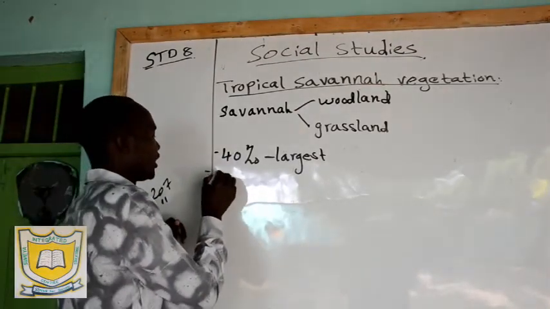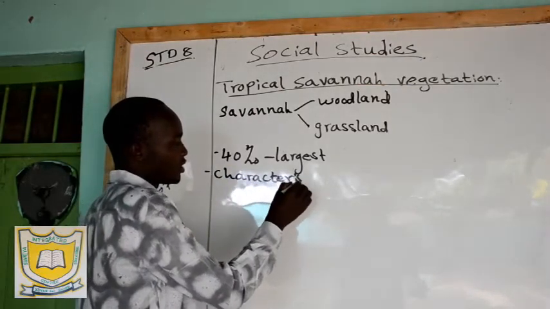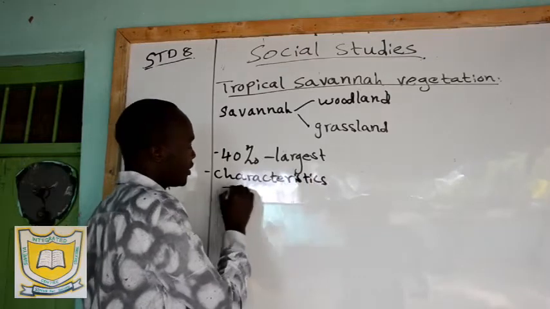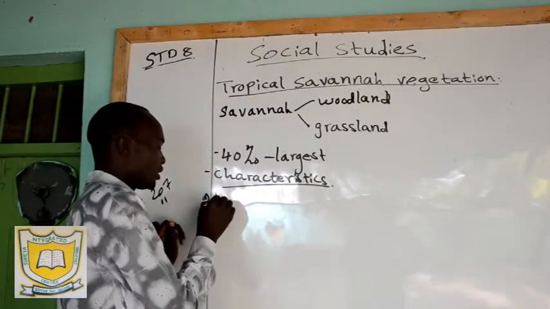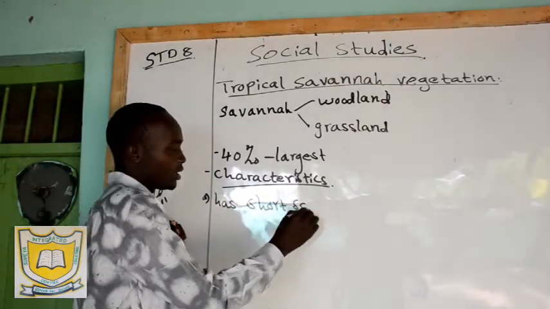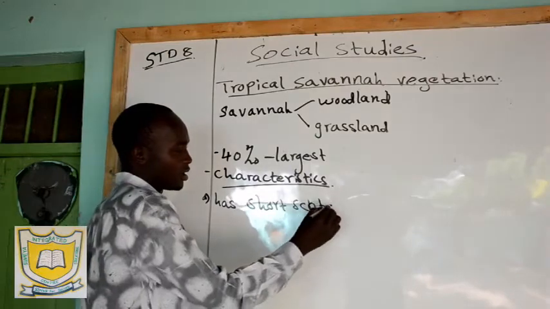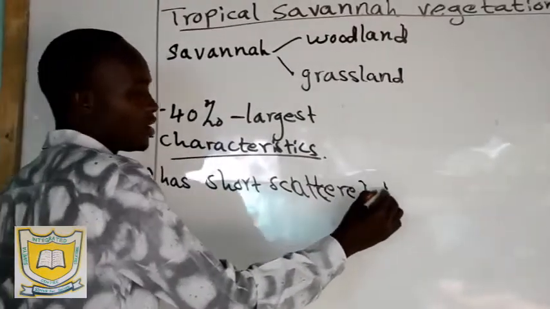Then the characteristics of savanna vegetation. Number one, it has short, scattered trees.